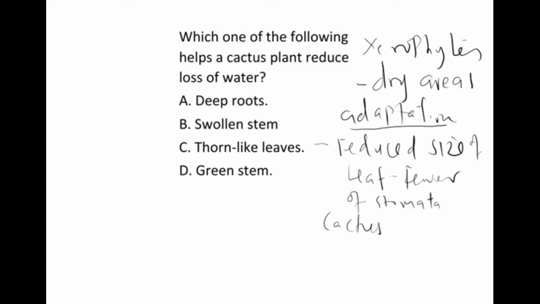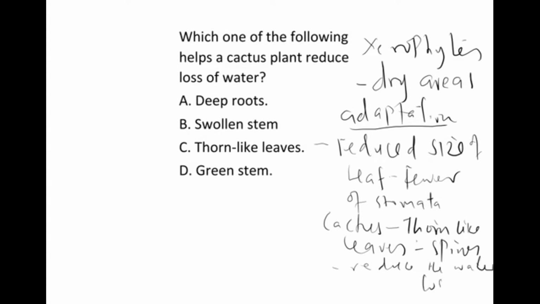When you look at cactus, it usually has thorn-like leaves, or what you call the spines. The leaves have been reduced to spines to reduce water loss, so that the plant conserves the little amount of water that it has.